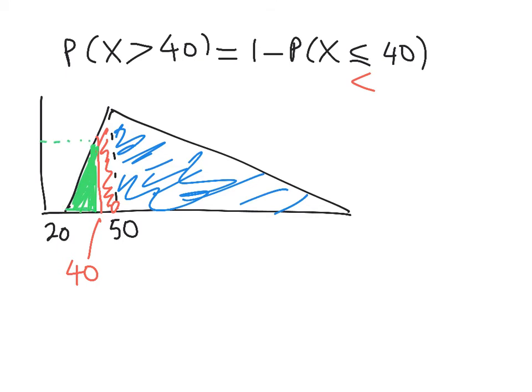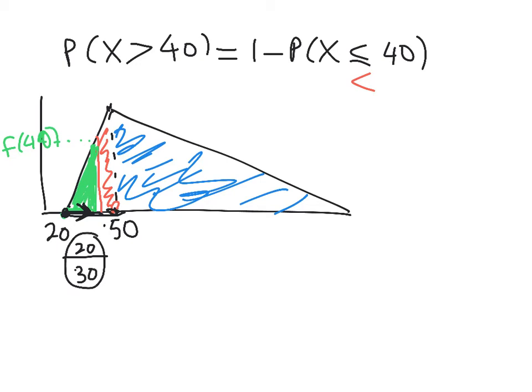To do that, we have to figure out f of 40. Now, you can do that using your formula, or you can do it the similar triangles way. So we're starting here, and we know that if we go along to the 40 point, we've gone 20 units along this way. If we were going the whole way to 50, that would be 30 units.